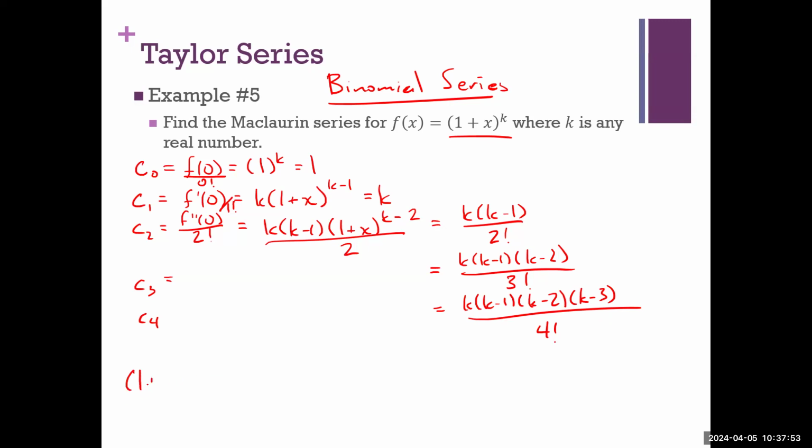If I have something that looks like this, (1 + x)^k, it equals 1 + kx + k(k - 1)/2! x^2 plus, and it just continues on like this indefinitely. So, questions on how we built that before we use this as a shortcut to do other things?